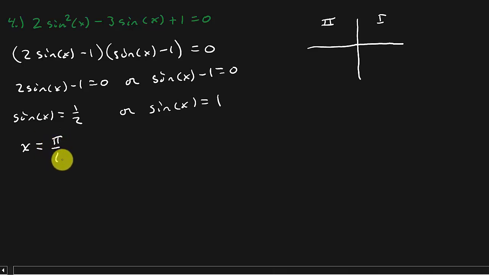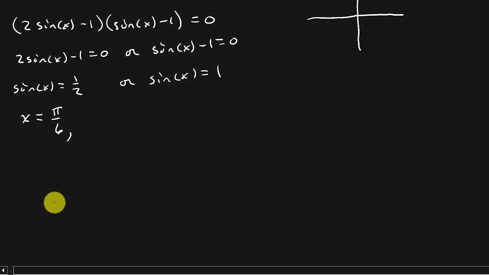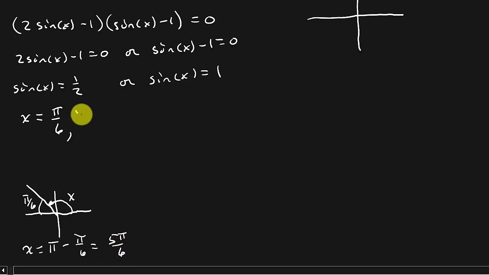But since we're in radians, that's pi over 6. All right, there's my first quadrant solution. Now I need to find my second quadrant solution. So there's x. There's my reference angle. And so x is equal to what? Pi minus pi over 6, which is 5 pi over 6.